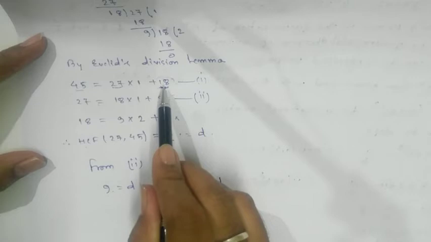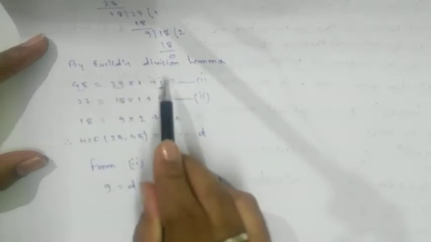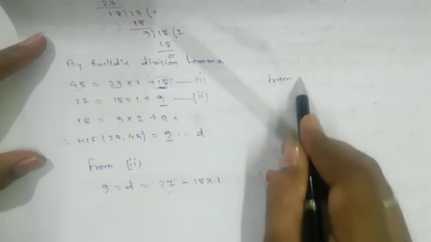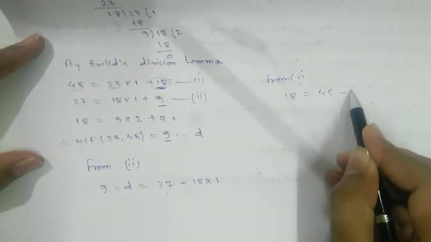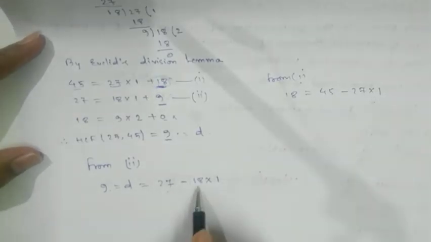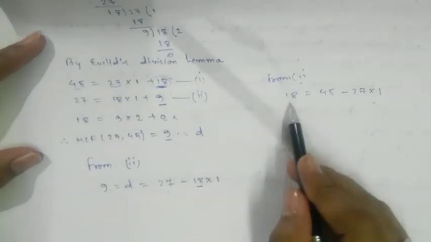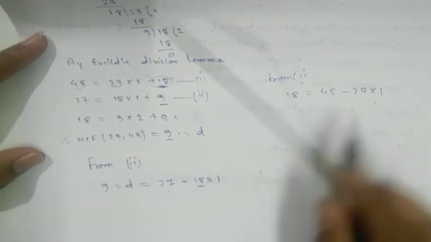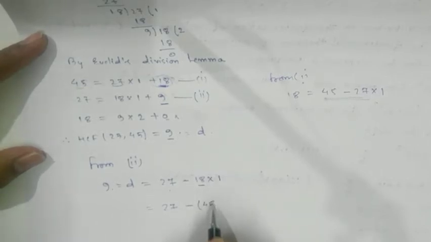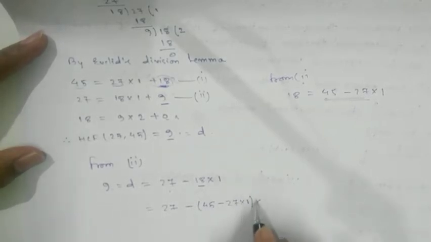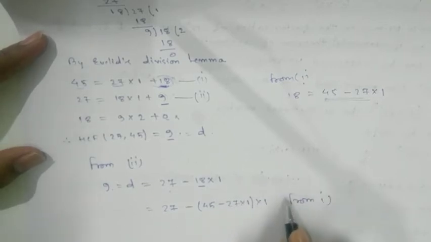First we have taken this one, writing 9 as 27 minus 18. Next, our target is this remainder. Look at the remainder 18, from the first equation, 18 can be written as 45 minus 27 into 1. So look at here, this is your 18. Now you replace 18 with this expression. That means minus 18 can be written as 45 minus 27 into 1, and outside 1, from where we got it from the first.